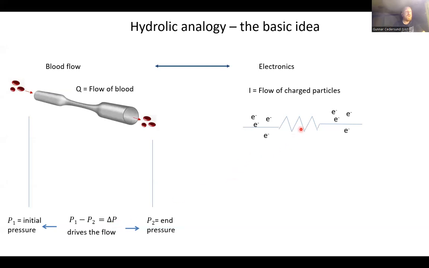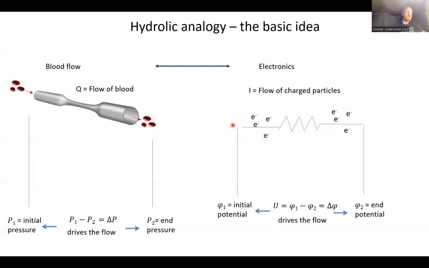And in the same way, what makes charged particles flow is that the electric potential is different here from here, and that makes the charged particles move in one or the other direction. And this difference in potential is of course the voltage when you talk about electric circuits. So the analogy here is that voltage corresponds to the pressure difference.